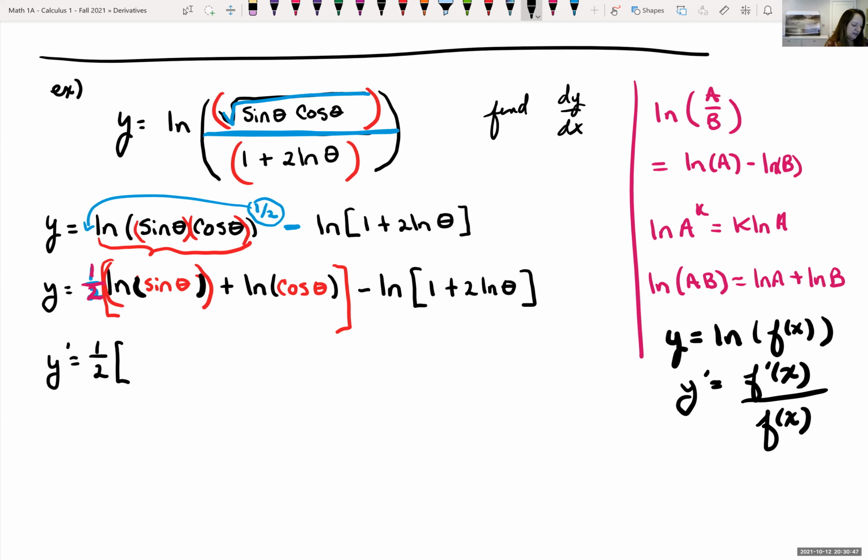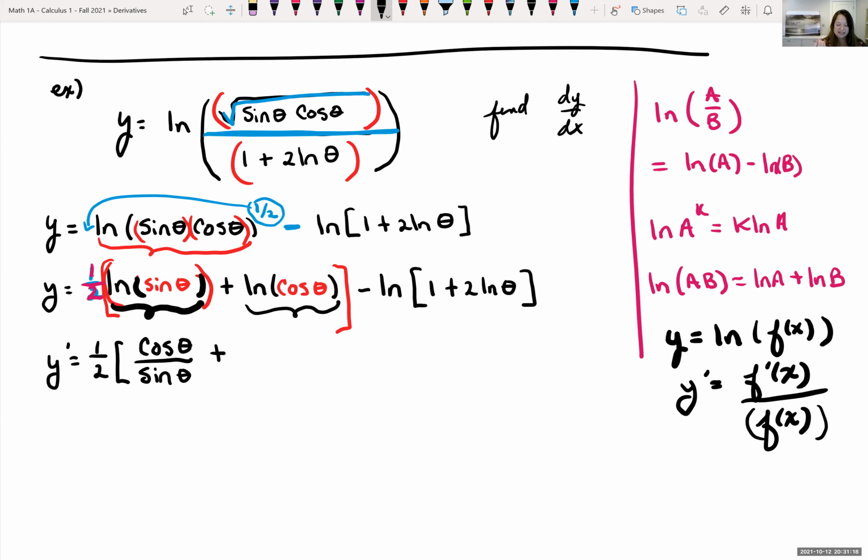And so now when we look at the derivative of this natural log of sine theta, let's think of the derivative of the inside. Derivative of sine theta is cosine theta, all over the original function we were taking the natural log of, which is sine theta. So plus, now take the derivative of natural log of cosine theta.